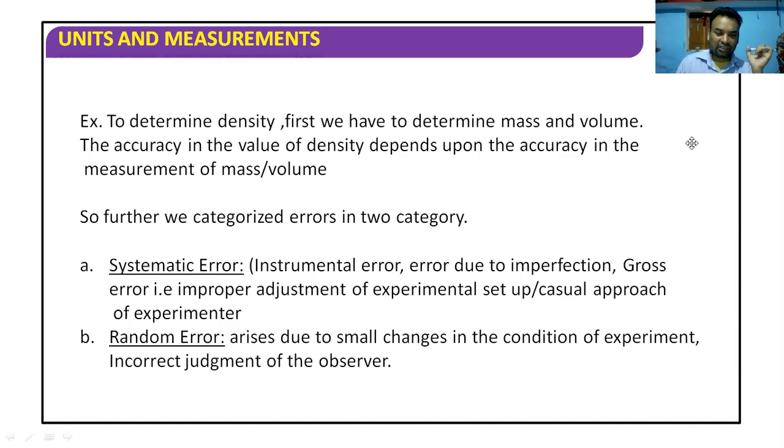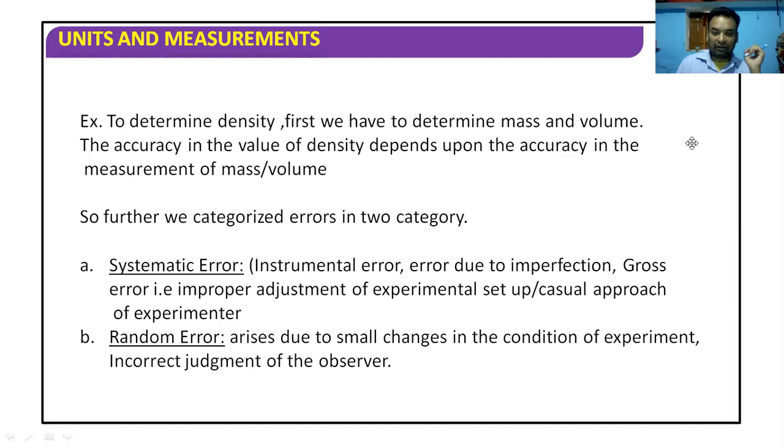So in this case, we will get a negative error. But if our pointer is a little bit in the right side of the zero, all the values in the right side of zero are positive values. So here our instrument will give the positive error. So systematic errors can be created with the help of the instrument. If there is already some error in the instrument, that will be the instrumental error.